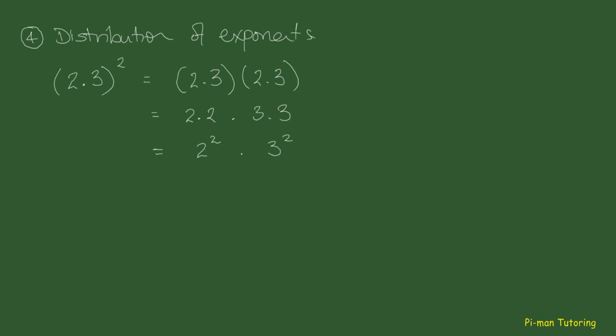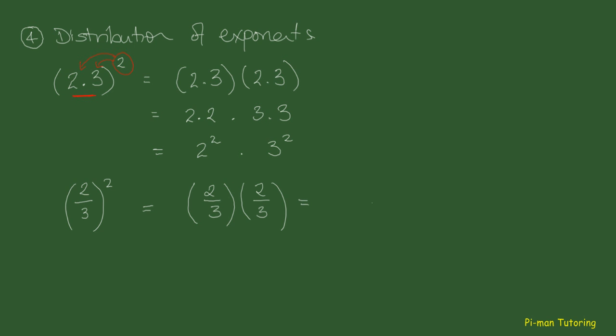So you'll notice what has happened here is that the exponent has distributed itself to each of the terms inside the bracket. And we can do that when what's inside the bracket is either a multiplication or a division. Let's look quickly at a division, just to show you what I mean. If this was 2 divided by 3, all squared, that means 2 divided by 3 multiplied by itself.